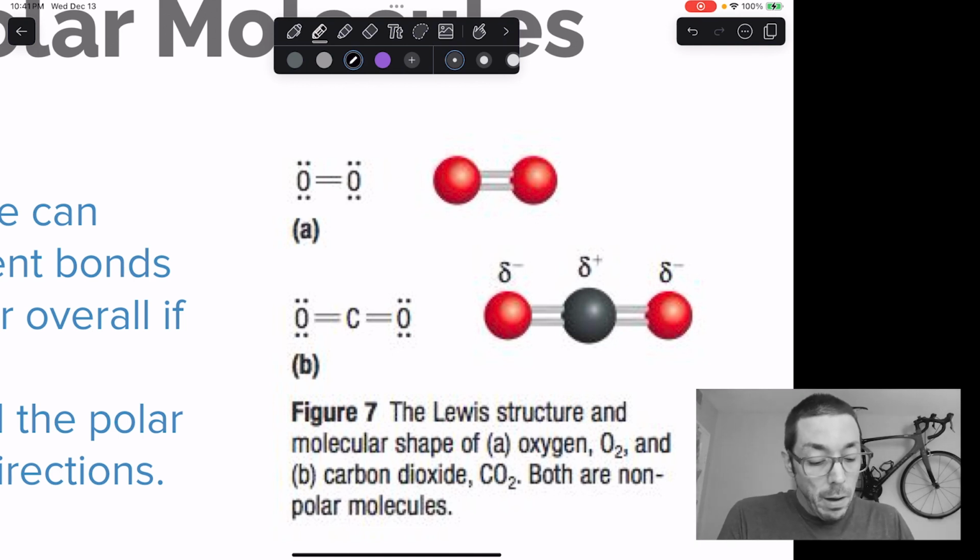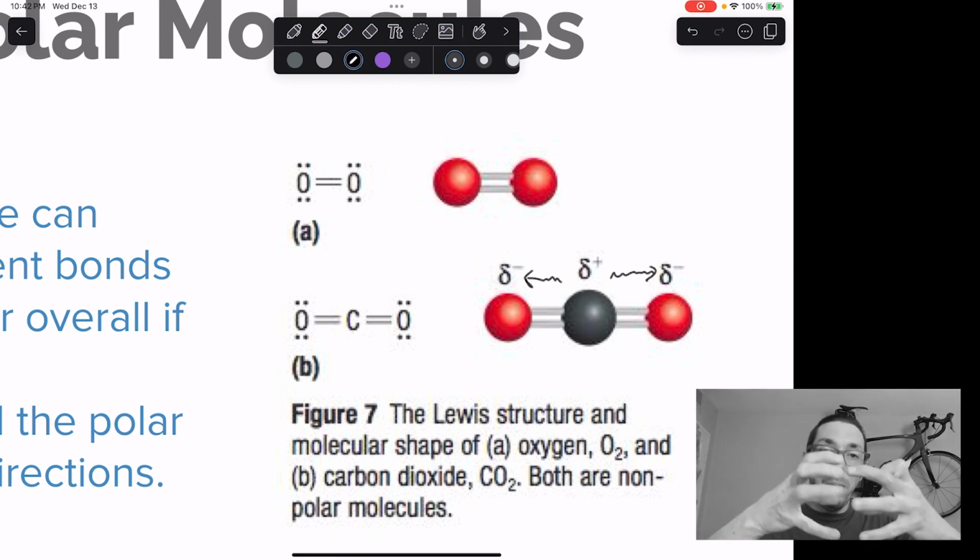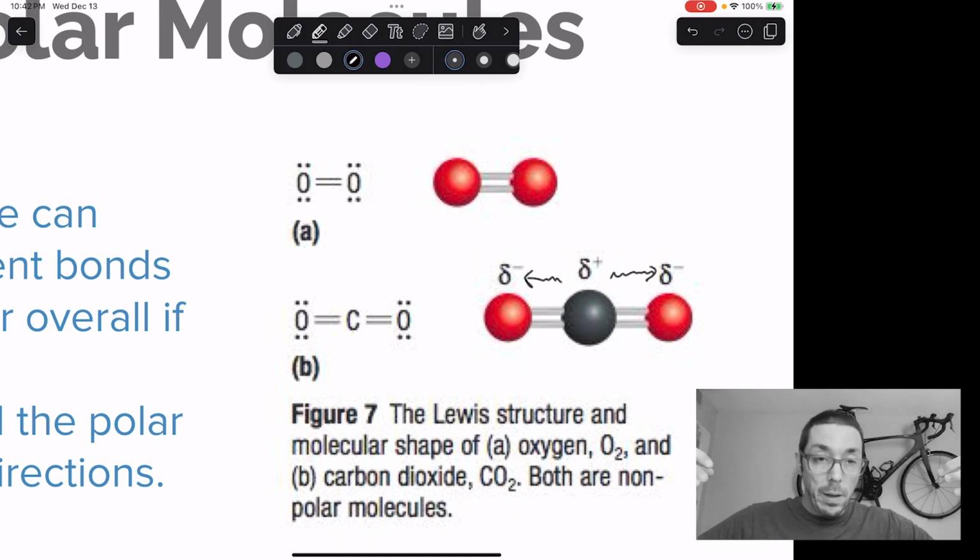Oxygen is more electronegative than carbon, so it's going to pull the electrons out toward it on that side for those 2 bonds, and this oxygen will pull the electrons closer toward itself on the left. But they're going to pull in opposite directions in equal strength, right? So we don't have a shift of electrons to one side of the molecule and not on the other side. It's an even pull in both directions.